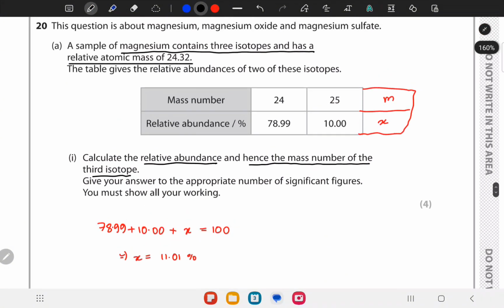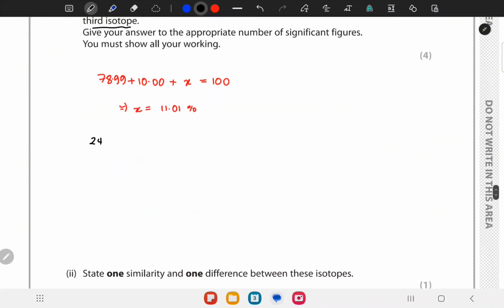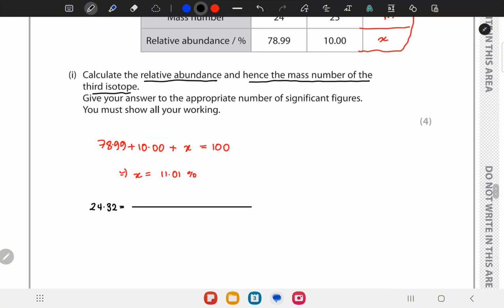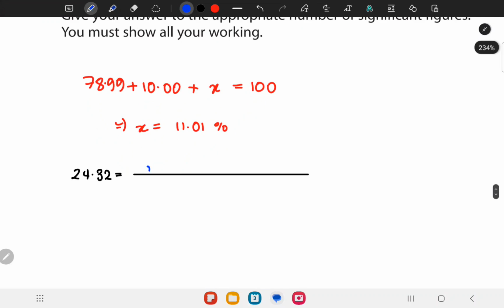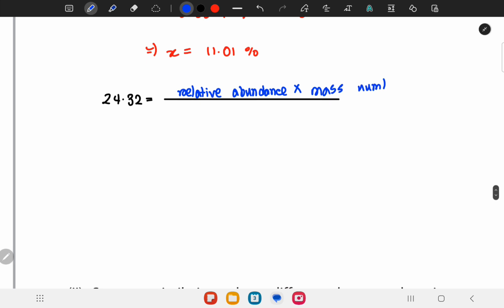Now we know that the atomic mass is 24.32. So 24.32 is equal to the relative abundance times mass number of each of them, divided by the total abundance.